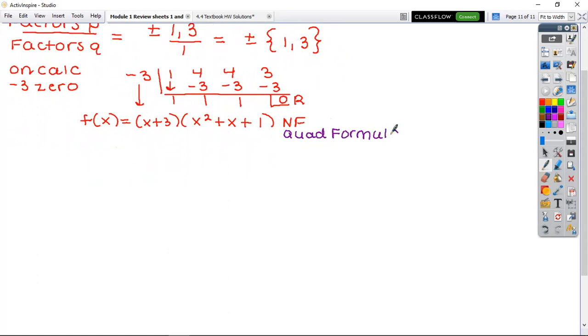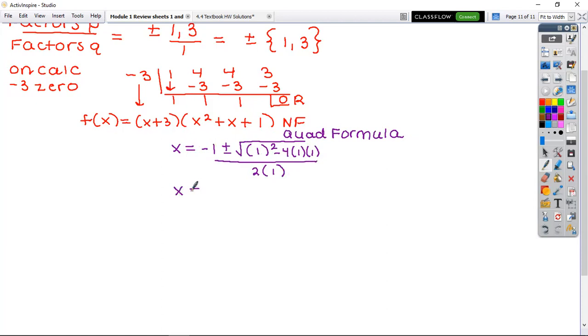Will obviously be precise and accurate. So I'm going to go x equals -1 plus and minus square root of 1 squared minus 4 times 1 times 1 all over 2 times 1.